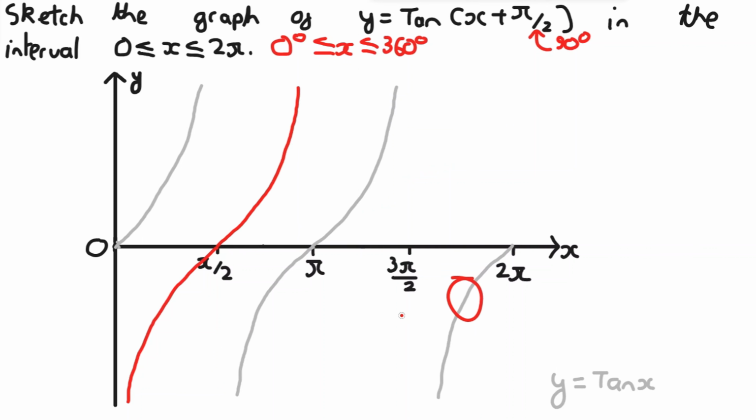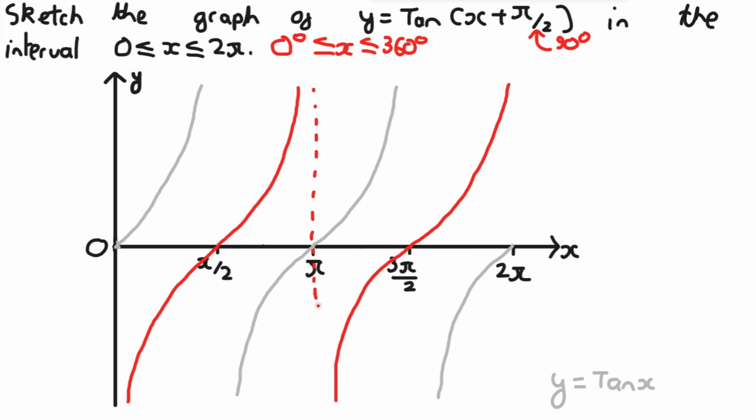This here is now going to become here. So it's now like this because everything comes this way by pi over 2. And then this comes up like this here. So this is the graph, remember, drawing the asymptote. So there's one here, and there will also be one here.